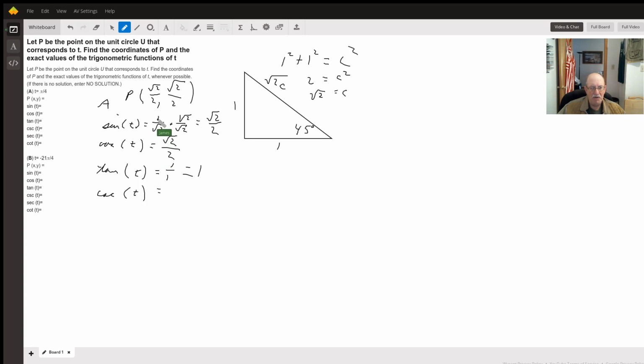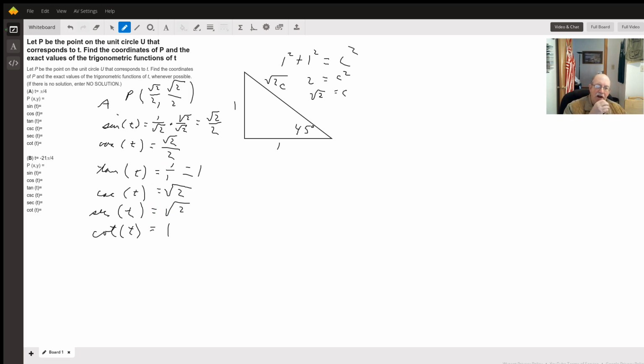Well, we started out with 1 over square root of 2. When we do the reciprocal of that, we just get square root of 2. Secant is going to be the same thing because the cosine is equal to the sine. Cotangent is the reciprocal of tangent, so it's just 1. So that's what we get for A.